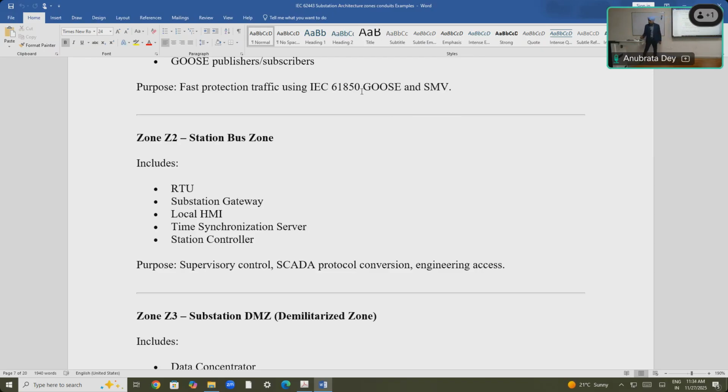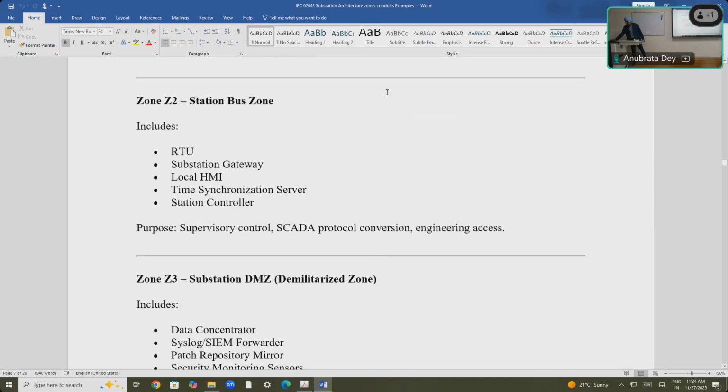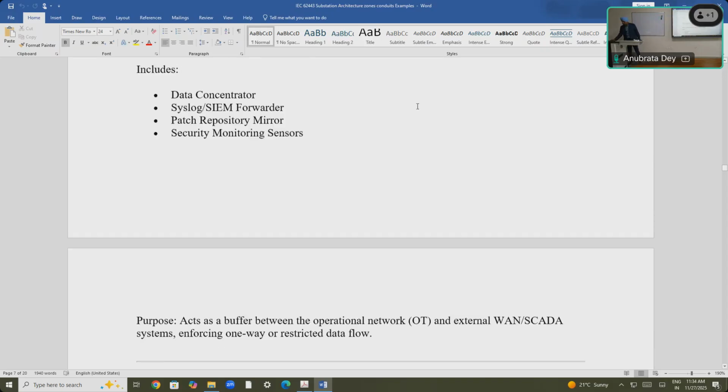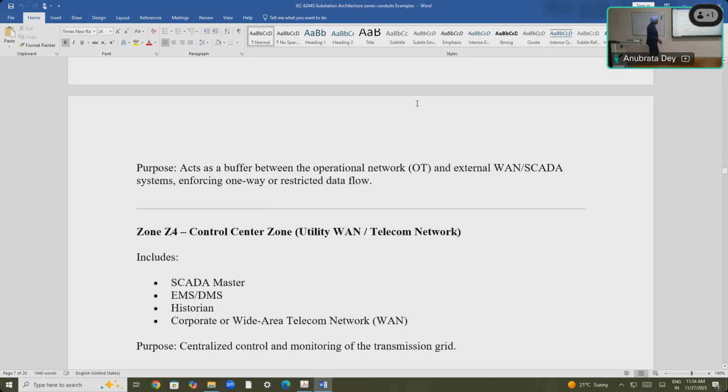Okay, zone 3, which is the DMZ zone, will include data concentrator, the system log or the monitoring system that you have, a patch repository, and security monitoring sensors. So that's the demilitarized zone there. The purpose of this zone is to act as a buffer between OT and SCADA.